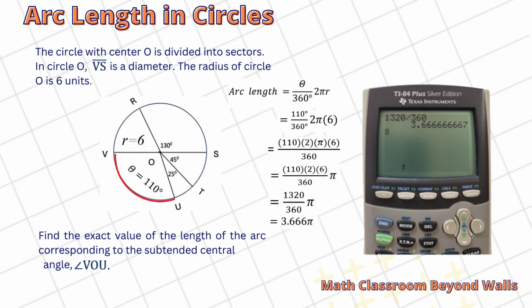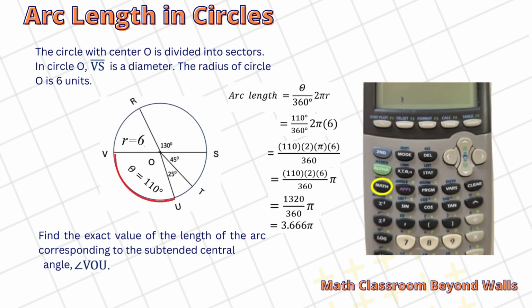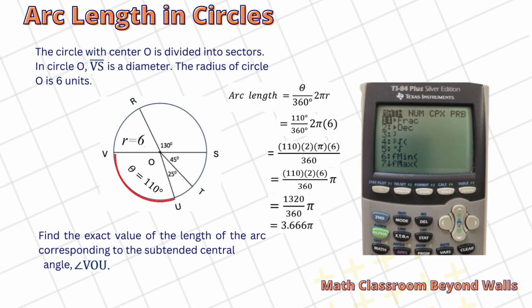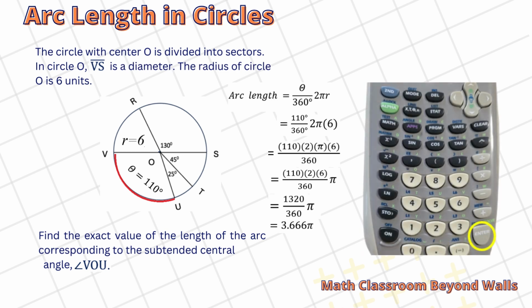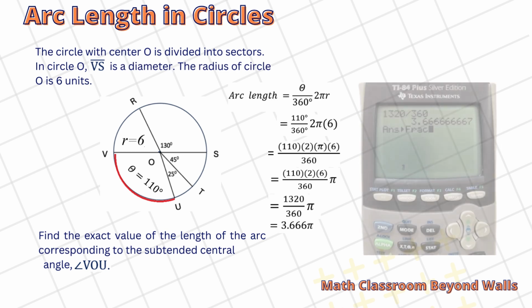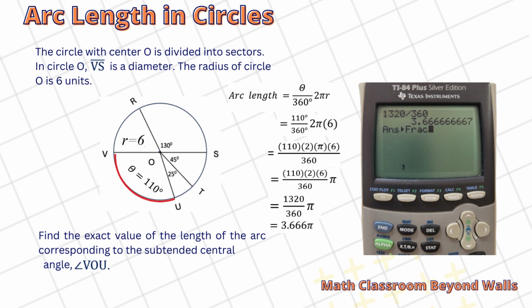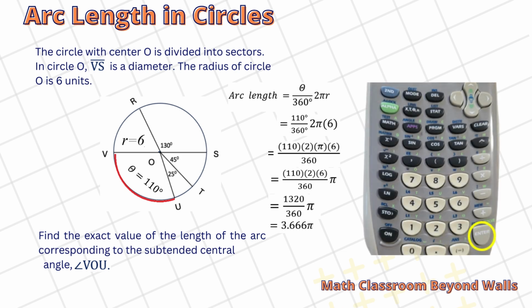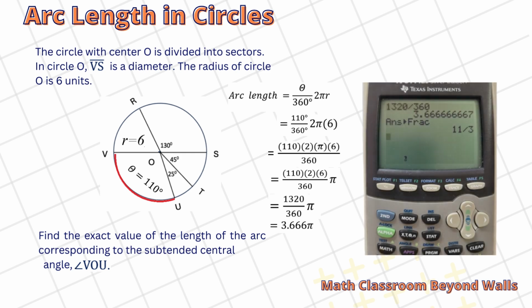To change this to the desired exact value, we must hit the math key in the calculator. This is what we see in the calculator now upon hitting the math key. We hit the enter key this time. This is what we see on our calculator screen. Hitting the enter key one more time, this is the result.